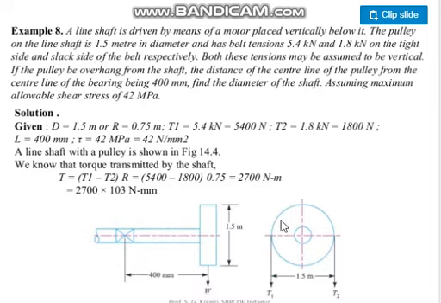So on this side there will be tension in the belt, and on this side also there will be tension in the belt. This is called tight side tension, and this side is slack side tension. Tight side tension is given by T1, slack side tension is given by T2. Tight side tension is 5.4 kilonewtons, and slack side is 1.8 kilonewtons, respectively. Both these tensions may be assumed to be vertical.